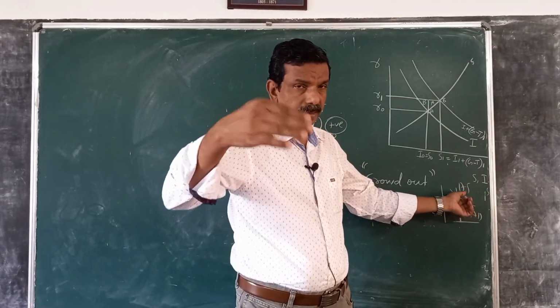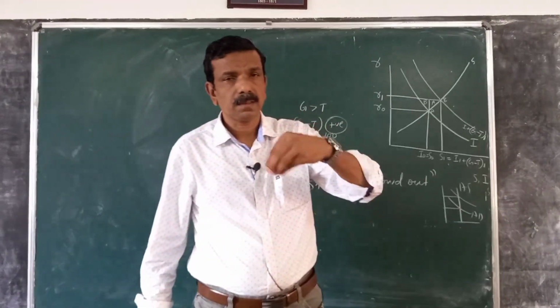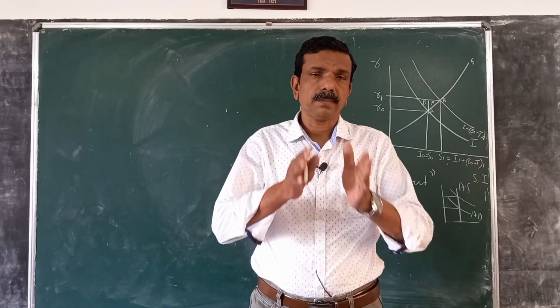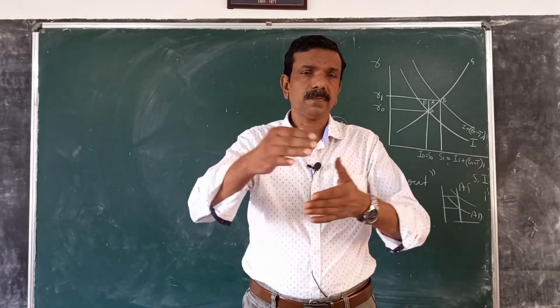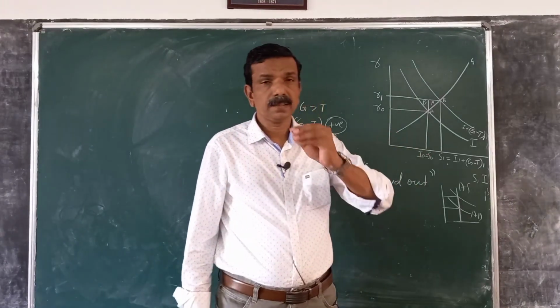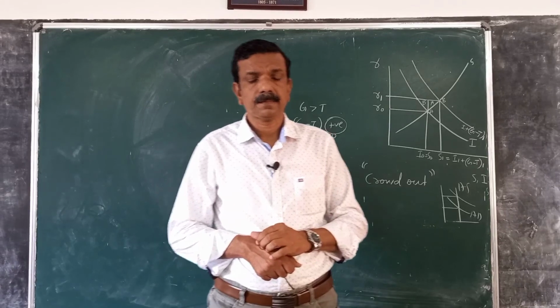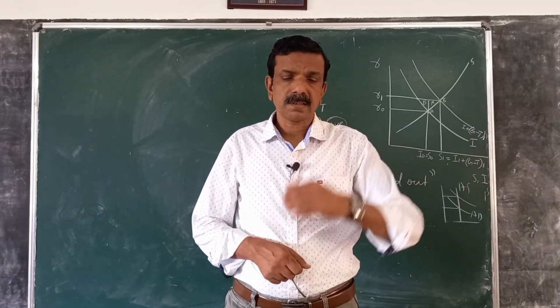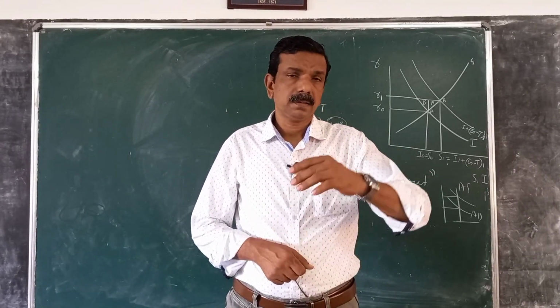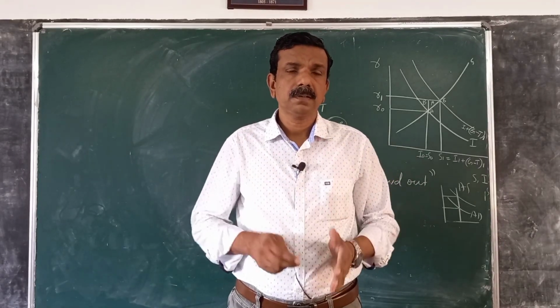Only the price level will increase, output, employment, etc. will remain constant at full employment level. So, this is the effect of an increase in government spending. In the next session, we will consider the effect of tax policy, another instrument of fiscal policy.